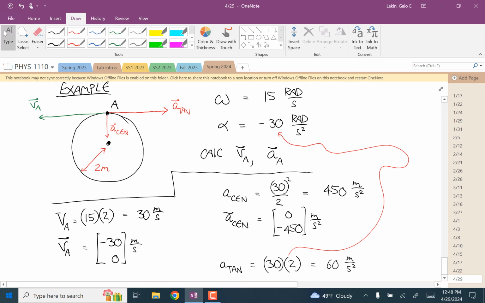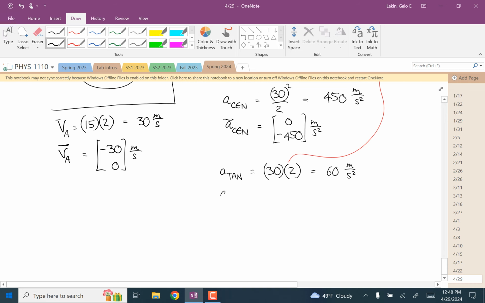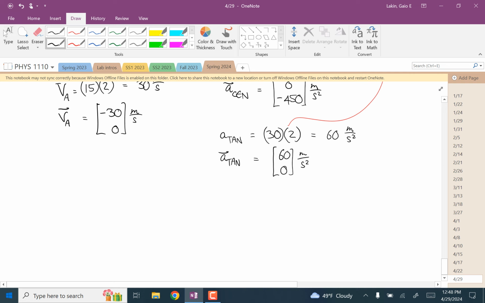We figured out that that's in the positive x direction. So this is 60, 0. And now put those together, and the total acceleration is the sum of those two. So 60, negative 450.